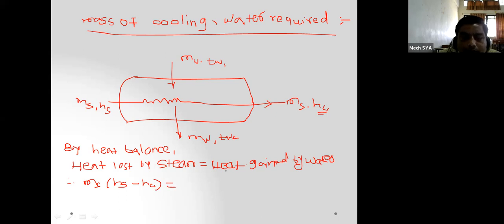Equal to the heat gained by water. What is the heat gained by water? The mass of water will be mw. Let us consider CPW as the specific heat at constant pressure of cooling water.